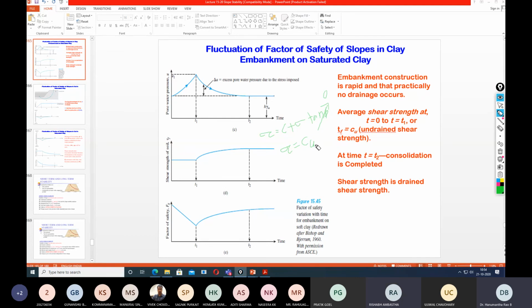But then, sir, it should not increase also. But what about Cu? Cu is increasing, na? See, when you do any triaxial testing, what is happening? What did I say? The cohesive material is becoming the frictional material with expulsion of water. Correct. So after some time, when the whole pore water pressure gets dissipated, there should be some phi value.